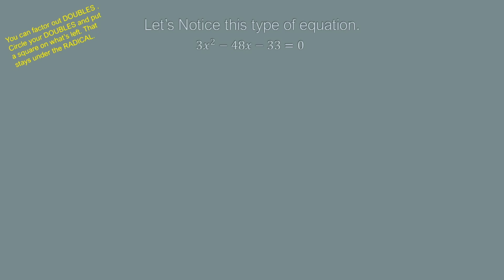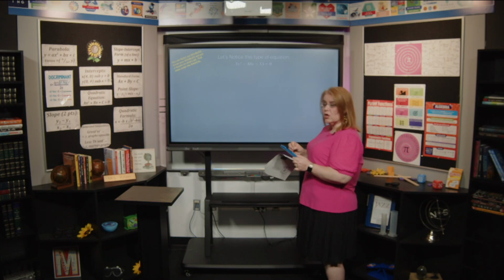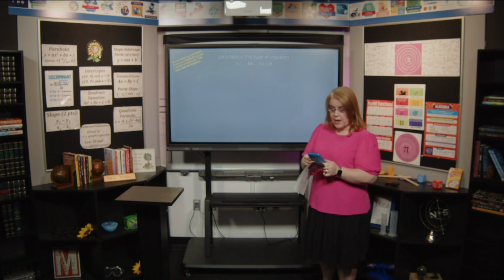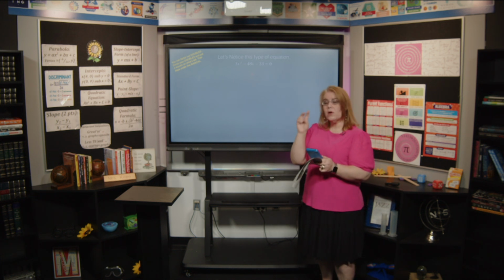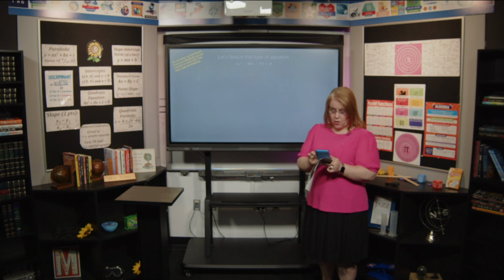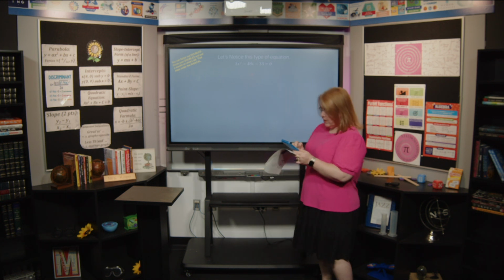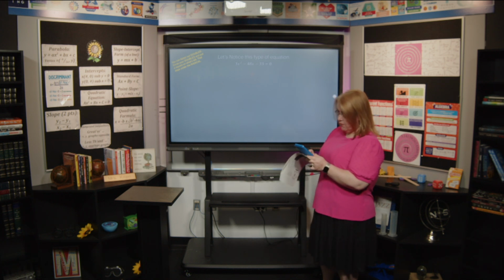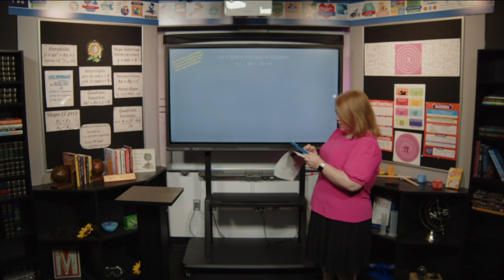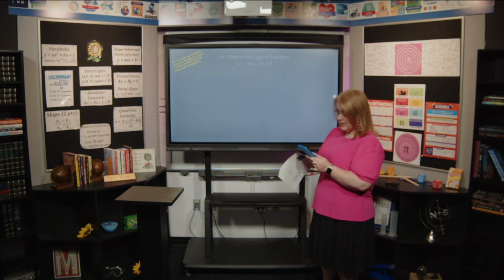So everyone now pick up your calculator, and we're going to put those 3 numbers in how we learned to do this. We're hitting math, scrolling over to numbers, going down to 9, and we're going to put that twice because we have 3 numbers. So math over to number 9. I'm putting 3, comma, 48, close parentheses, comma, 33, close parentheses.